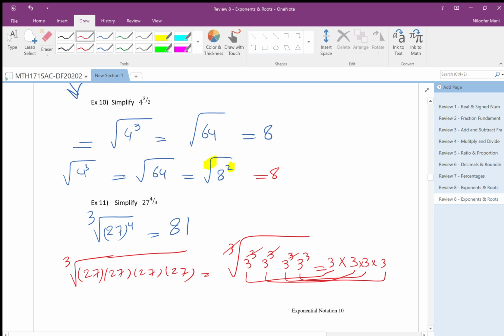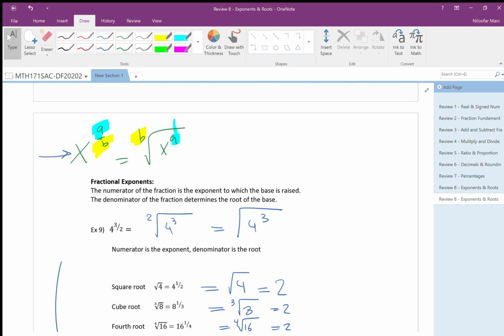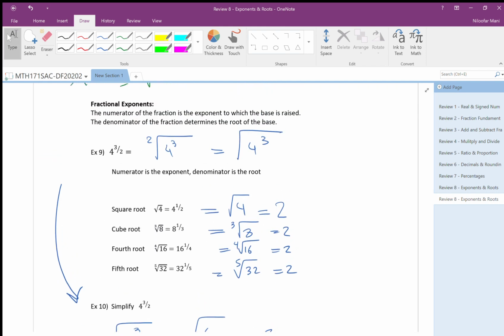Okay? So, emphasize here. You will see x power a over b. You use b as root and a as power. Then you can use your calculator and find the answer. Yes, I know. But I want you to have more exercise and try more.